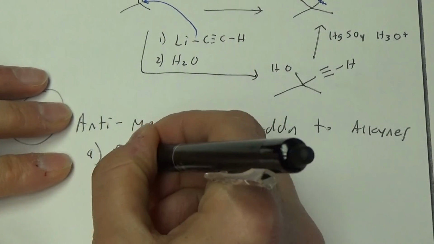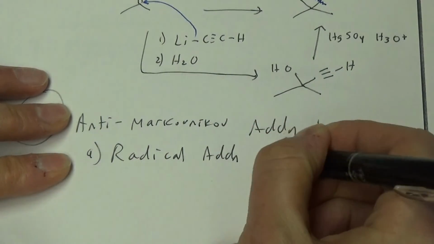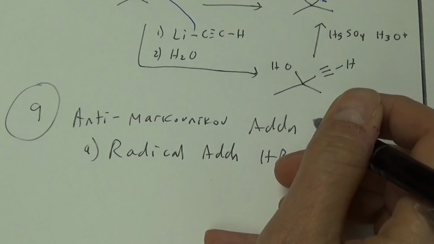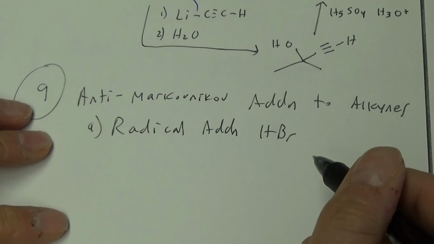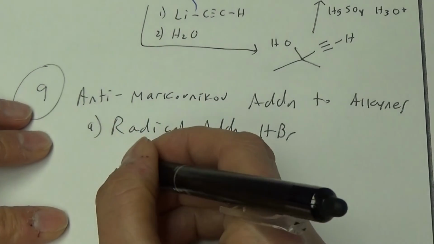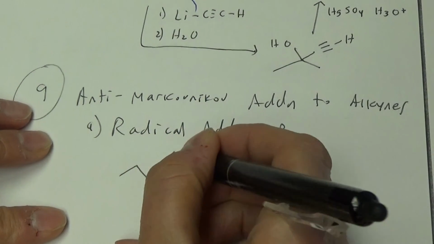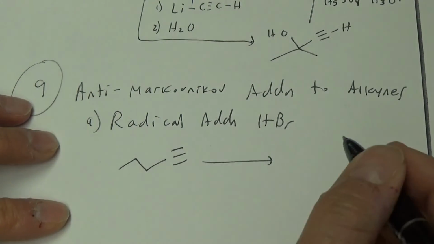So radical addition of HBr, hydrobromic acid. Let's just show an alkyne. And remember, how do we do radical addition of HBr?